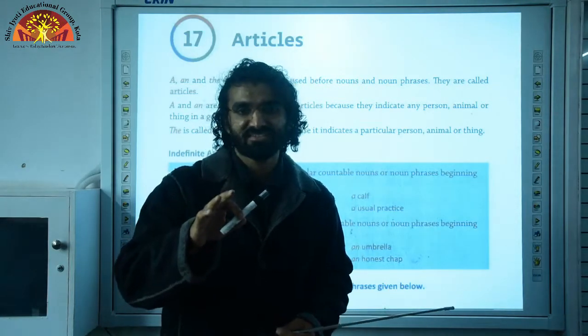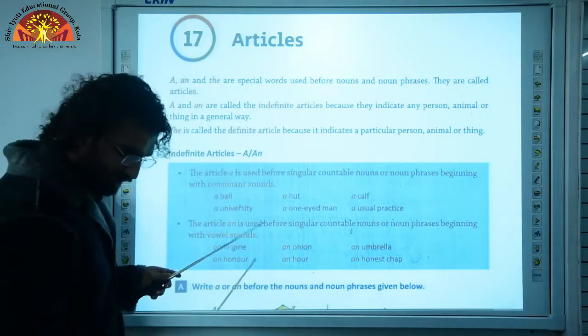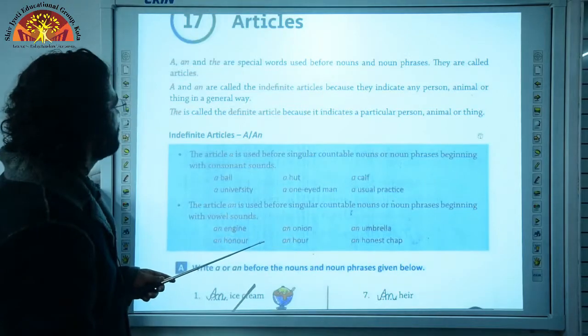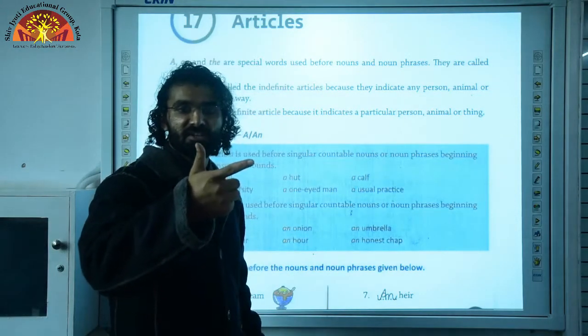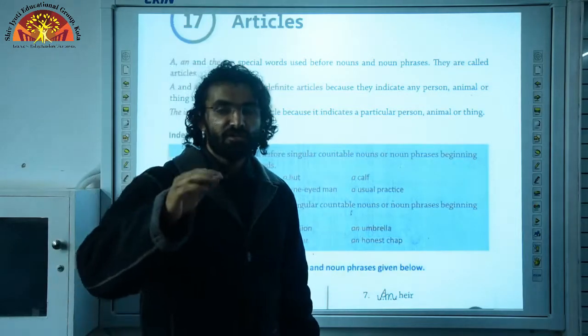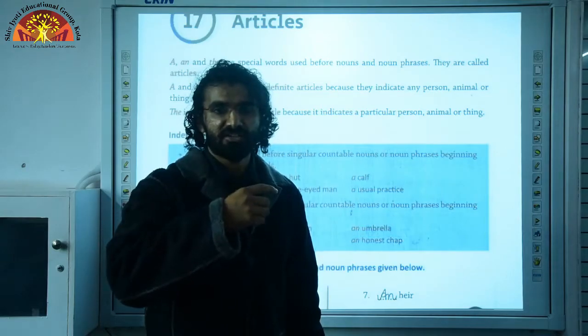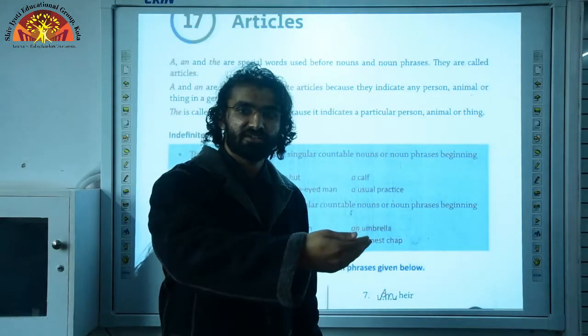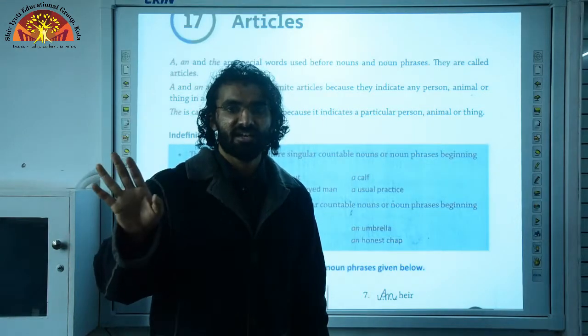You getting the difference? Alright. Indefinite articles. We will now talk about indefinite articles. Articles can be categorized in two categories, indefinite article and definite article. A and an will fall in the category of indefinite article, while the is the definite article. First, we are talking about indefinite articles a and an.